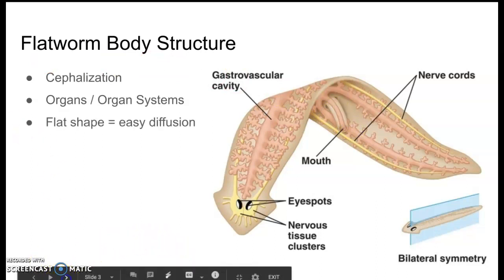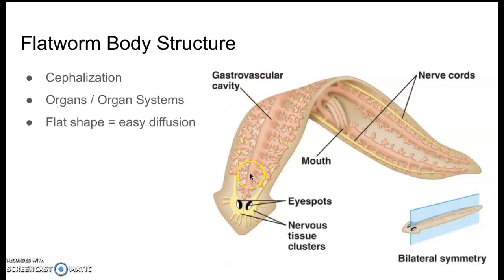They are also flat shaped, and so notice that outside of their nervous clusters and their mouth, they don't have any other organs. For example, they don't have a respiratory system. So in order for them to absorb oxygen, they use diffusion.